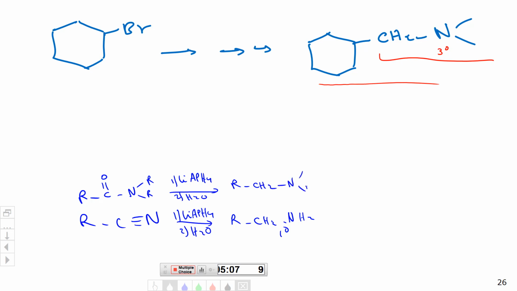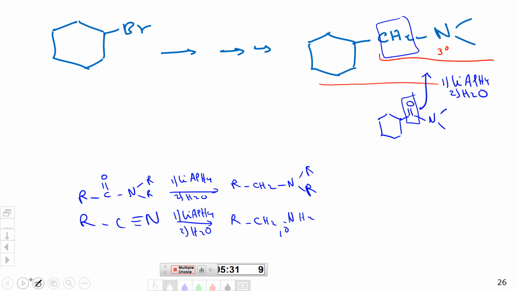As we said in the slide before, the C double bond O will be reduced totally to CH2, not to OH. So I'm just going to go backward and say, oh, you know what? This used to be an amide that we reduced, so this C double bond O ended up being CH2.